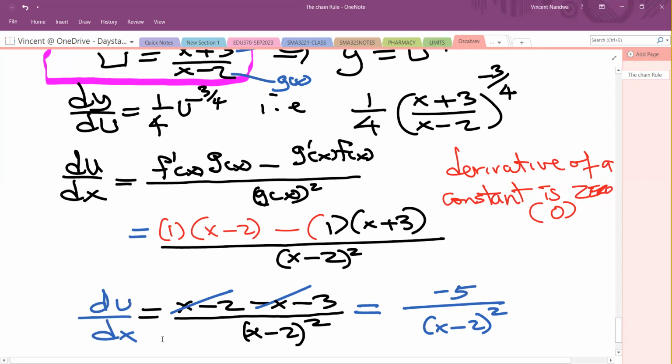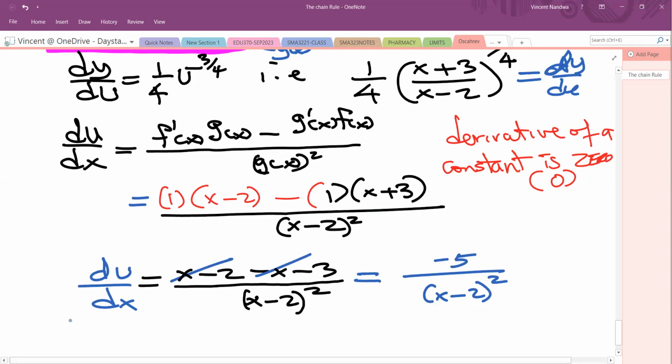Sawa? Na usisahau hapa tuko na dy/du. Okay? So then I think now the remaining task is much easier. The derivative we know is the dy/du times du/dx, okay?